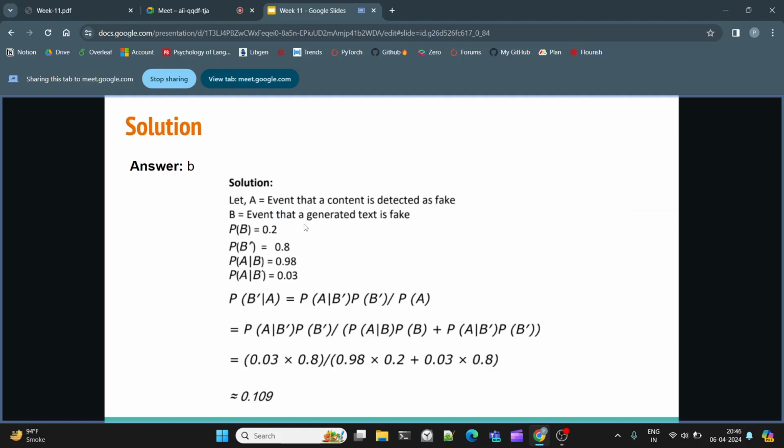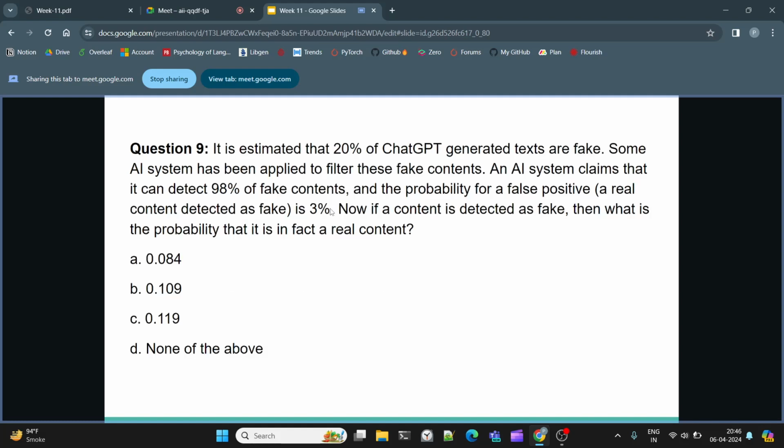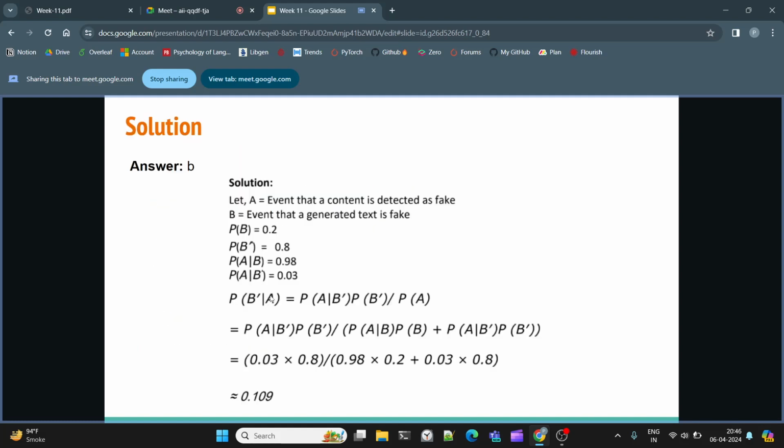B dash is the complement of this, that is, the generated text is real, given that the model detected it as fake. So we apply the Bayes formula, which we studied in naive Bayes in this week's content. As per the Bayes formula, we can rewrite this.